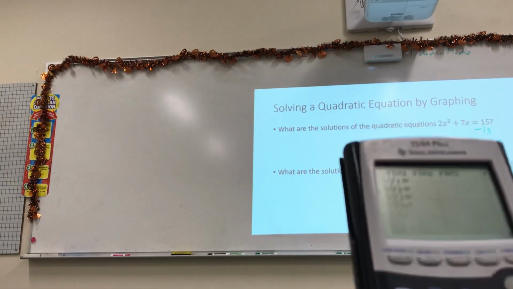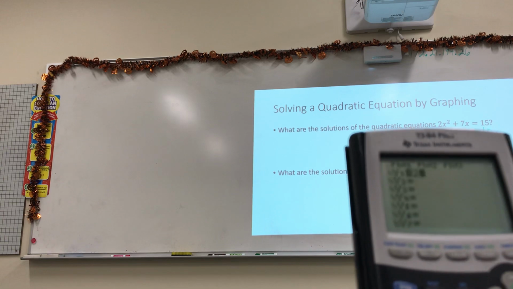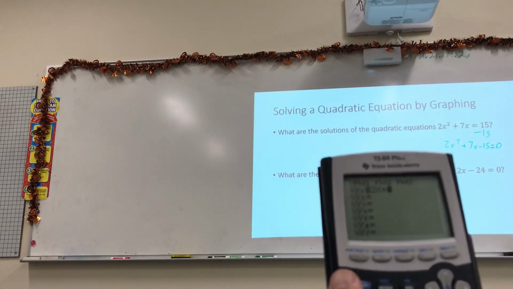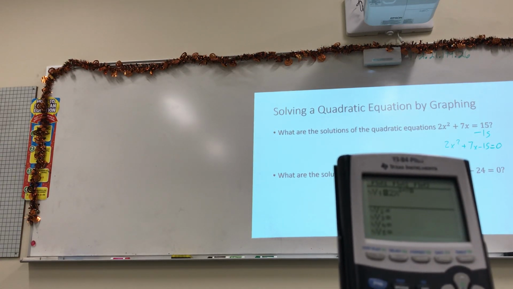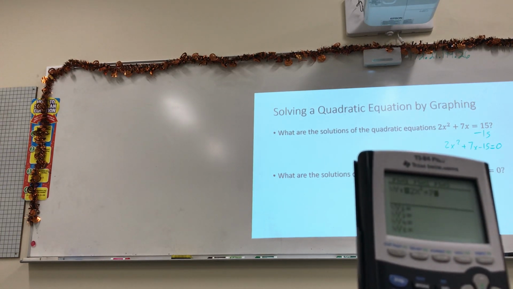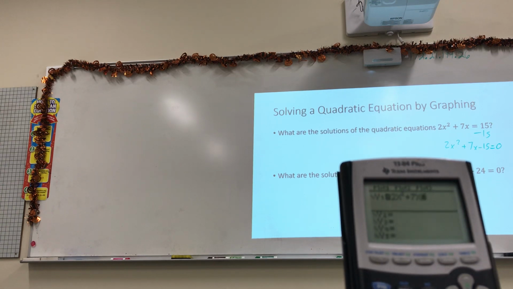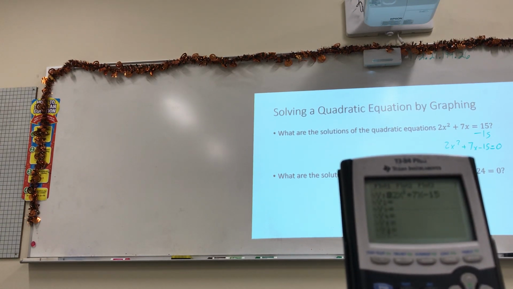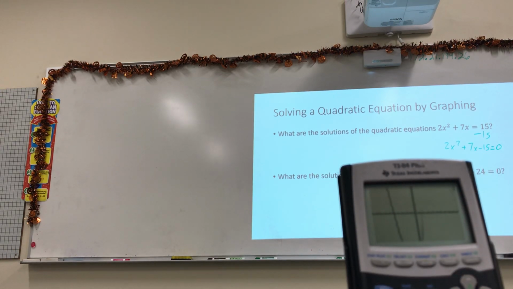So we're going to go y, and we're going to go 2x, oh, we got to go raise that to the second, plus 7x minus 15. We want to look at the graph, so we're just going to hit graph without a second button.